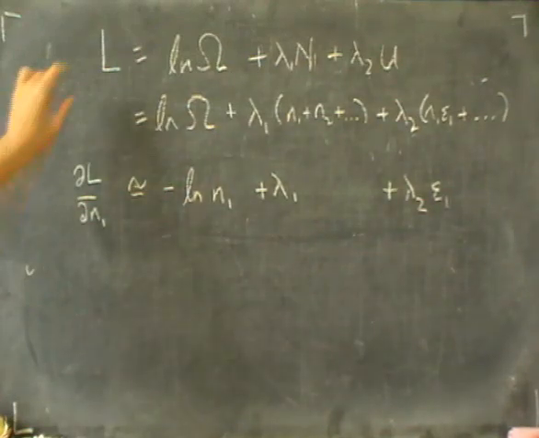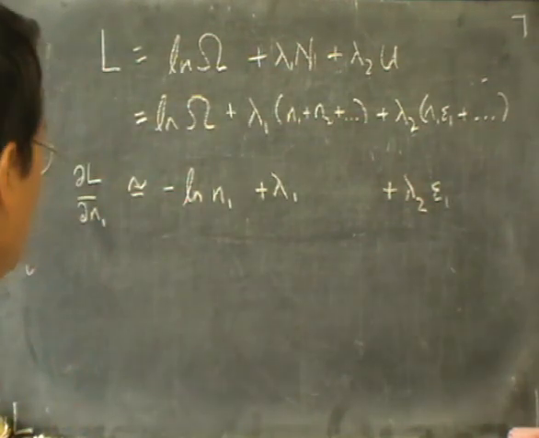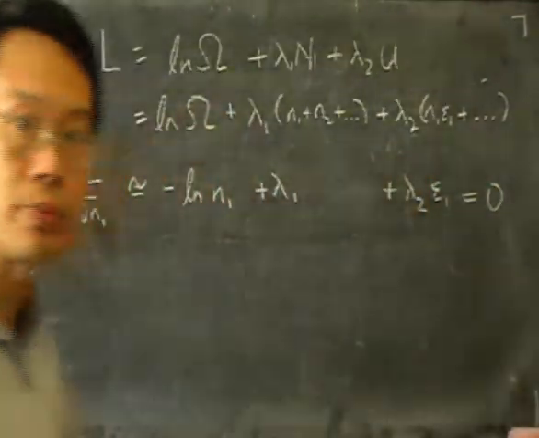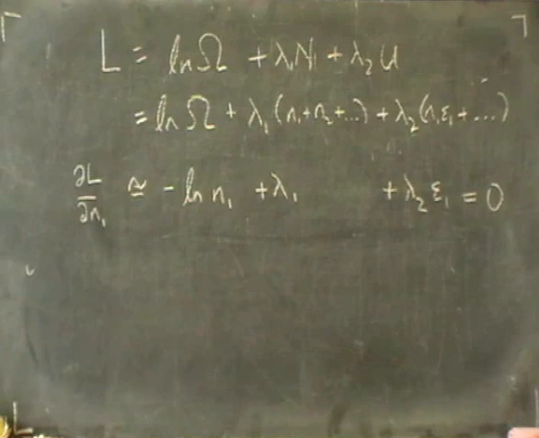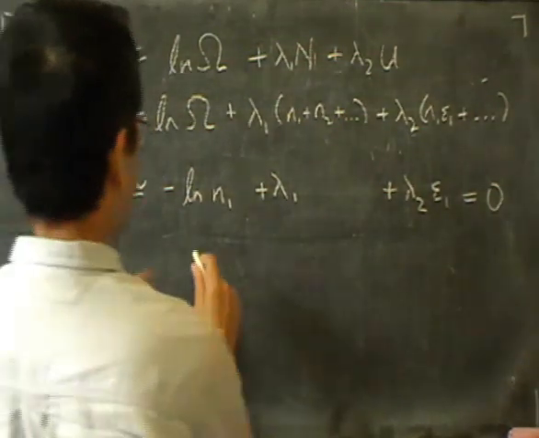Since we want to find the maximum for this Lagrange function, we should set the derivative to 0. And now we can solve for n1.